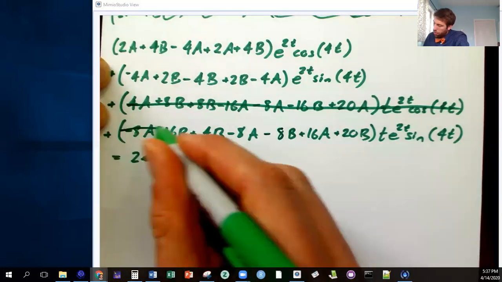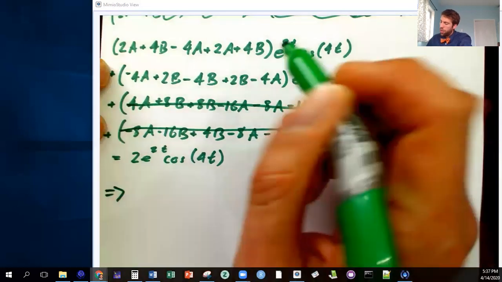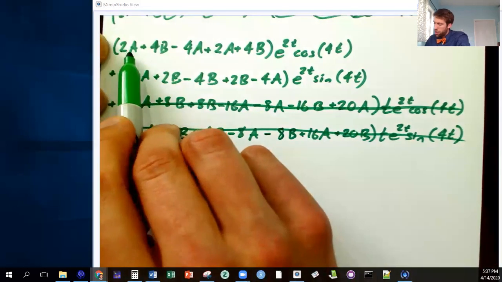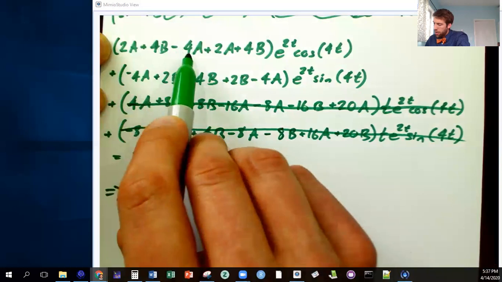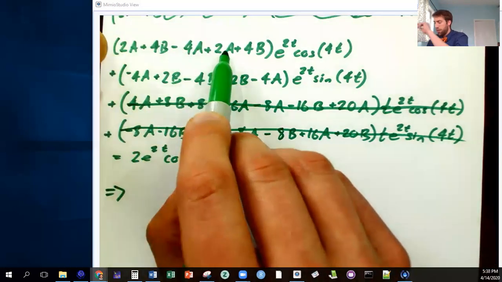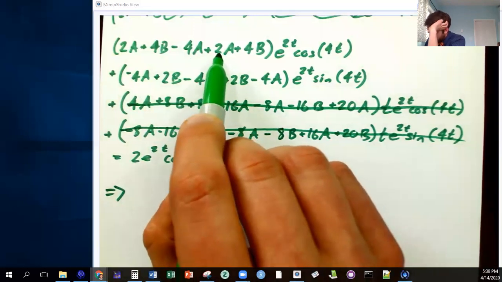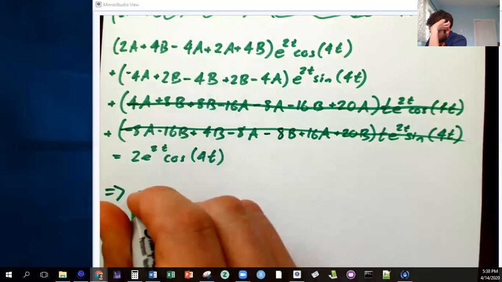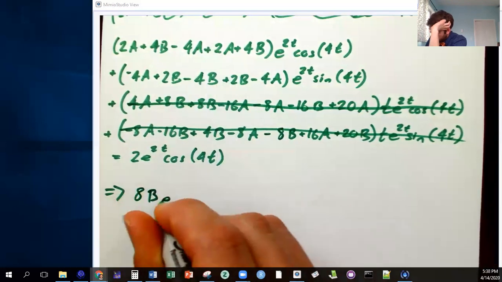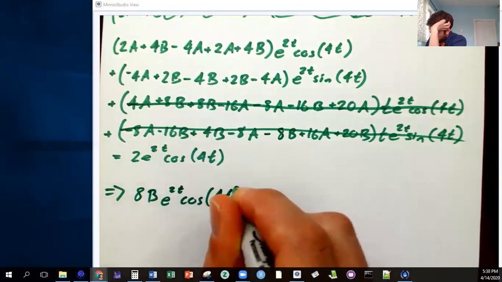Yep, so that term's just 0. And so I'm left with this term, which is 2a minus 2a plus 2a. So my a's all cancel, and I'm left with 8b e to the 2t cosine 4t.